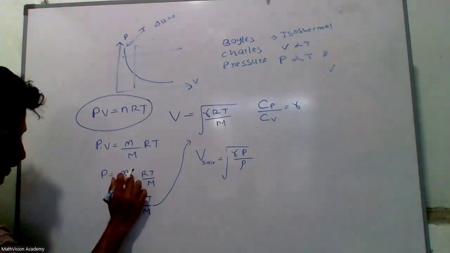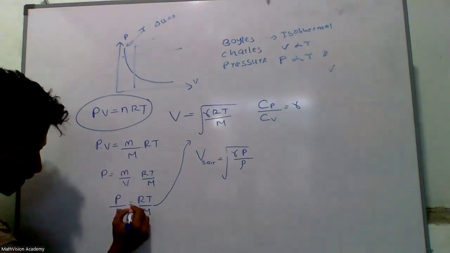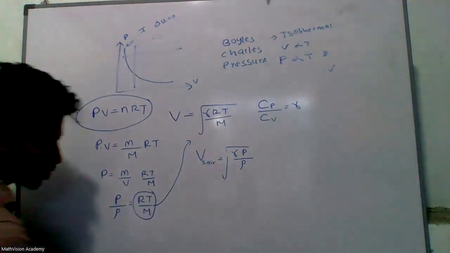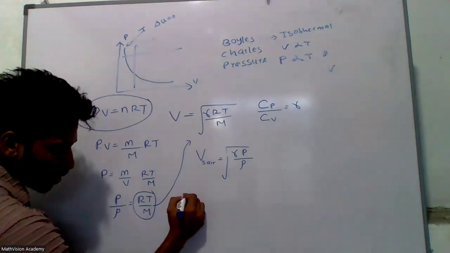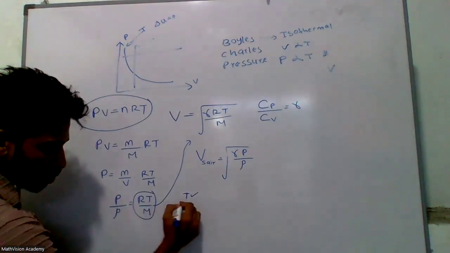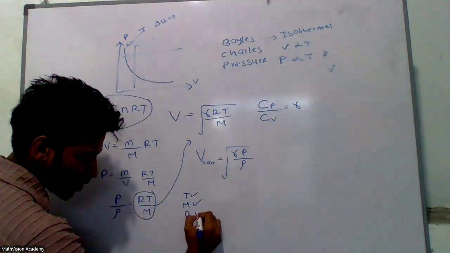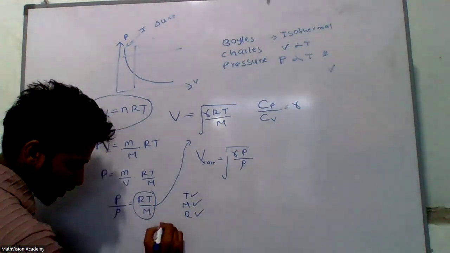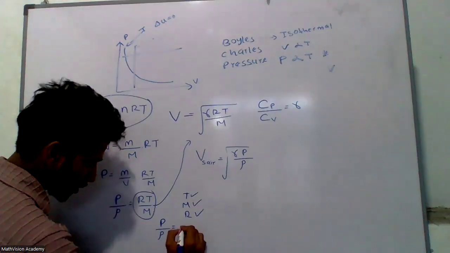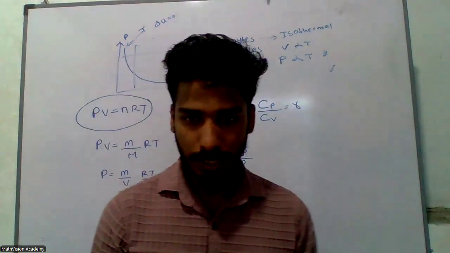You might think, pressure over density is equal to RT over molar mass. When the temperature is a constant, and the molar mass of a substance is a constant, and R is a constant, this P over density would remain a constant.